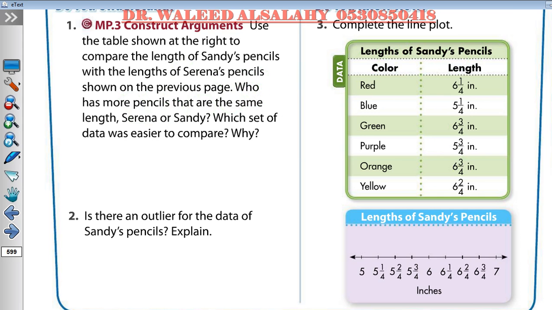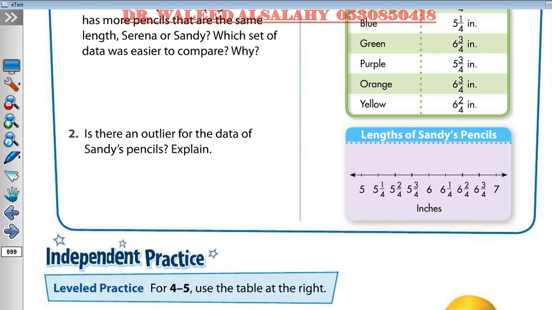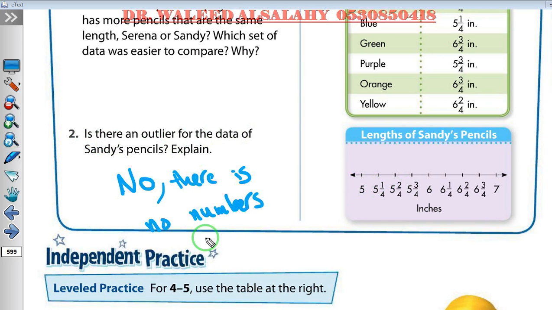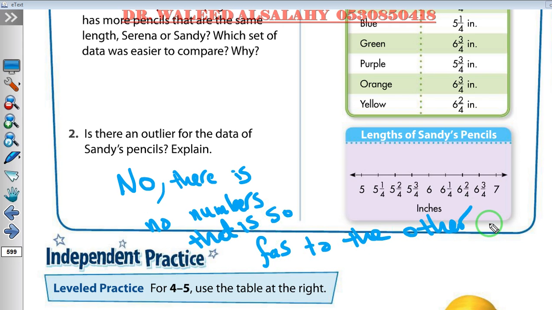With the previous page, we did. So no need to solve this question because we did the last page. He said, is there an outlier here? We have to say no. Why is there no outlier? Because there is no number that is so far from the other numbers.